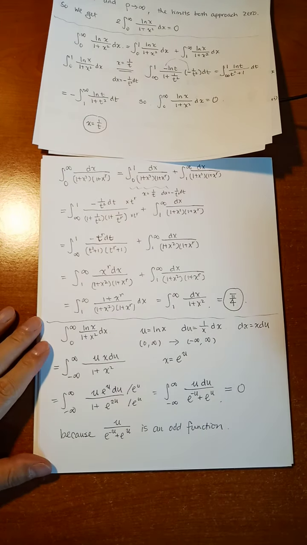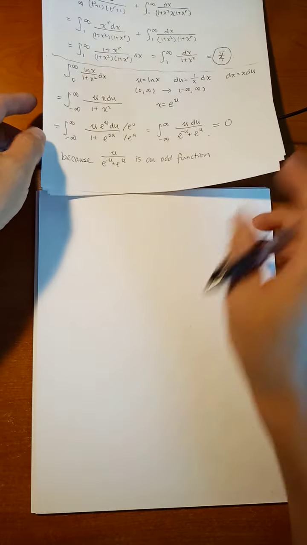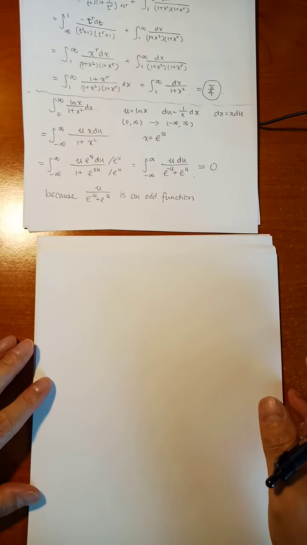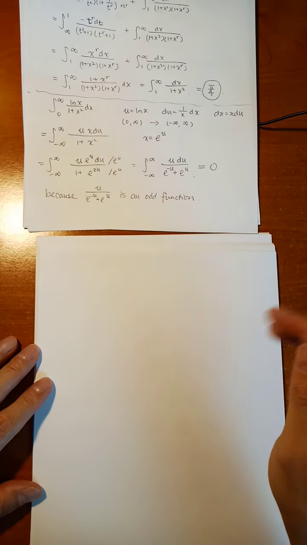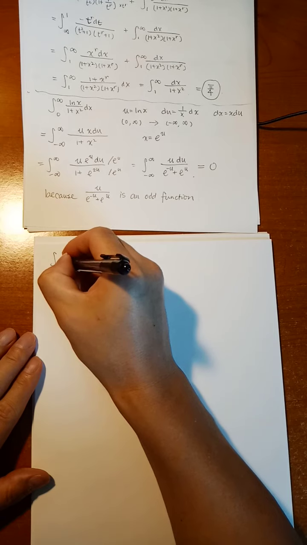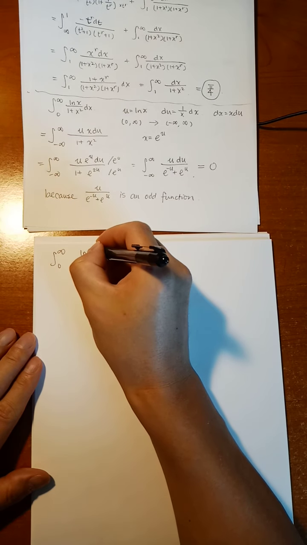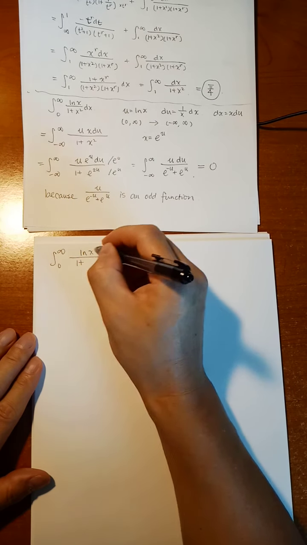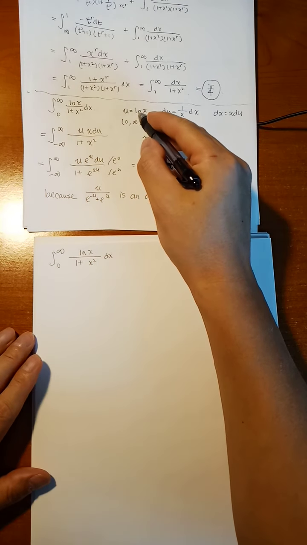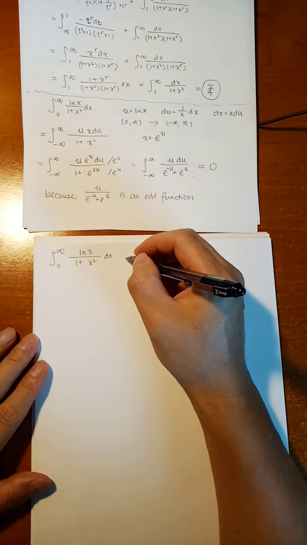Next, let's see another attempt to solve it. This one is quite similar to this. It's the integral from 0 to infinity of natural log of x over 1 plus x squared dx. This time I do not use the substitution u equal to log x.